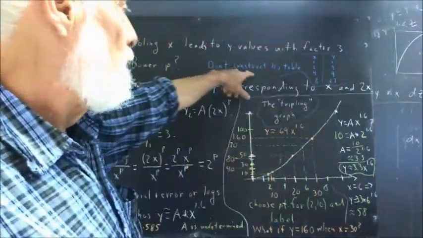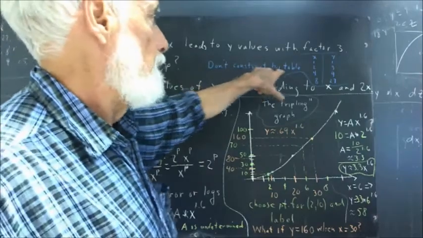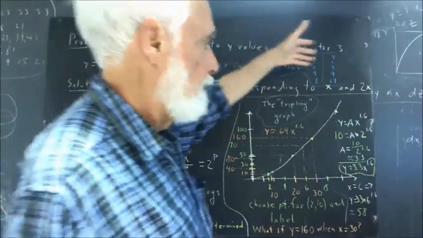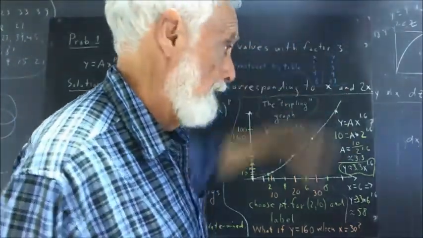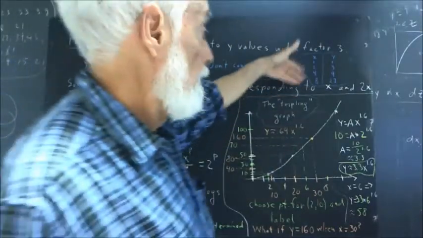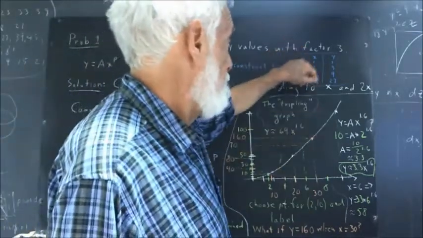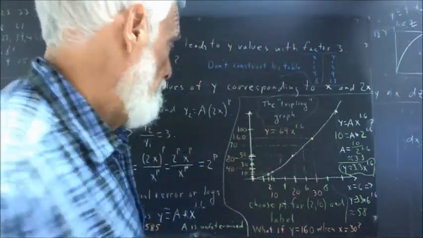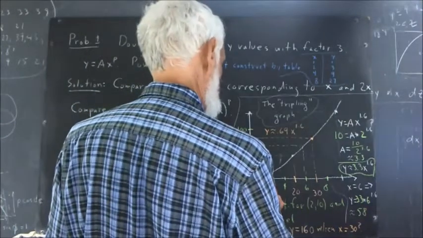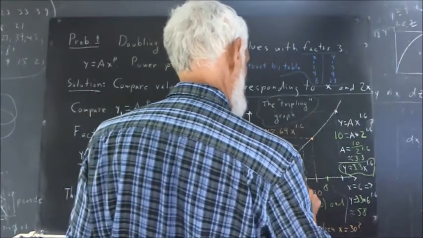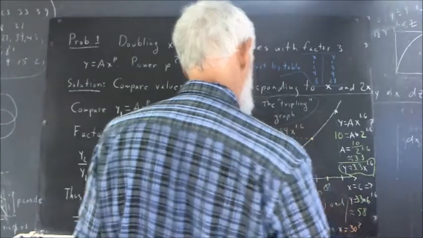Okay? We didn't do it, but almost everybody constructs their graphs by making a table like this. And that's really what we want to get away from. We want to think of these functions as abstract entities, not something we get by plugging numbers in and then labeling this 1, 2, 4, 8, and so forth.